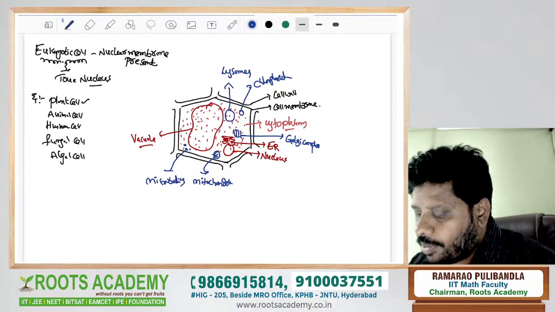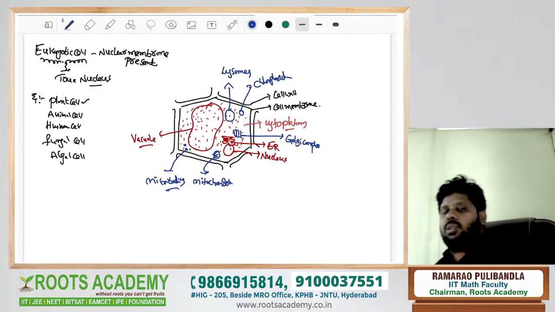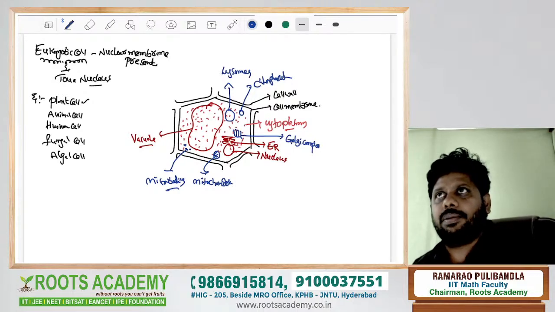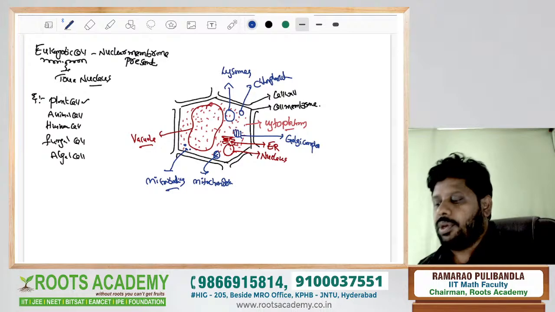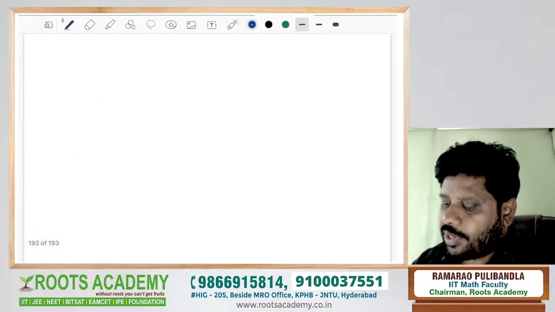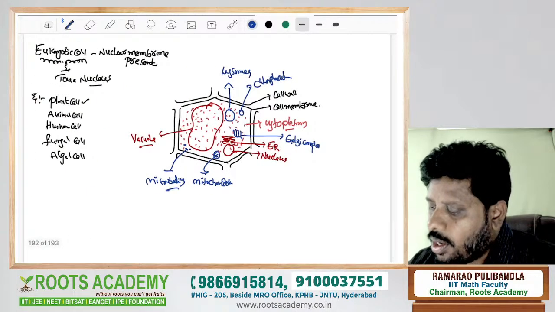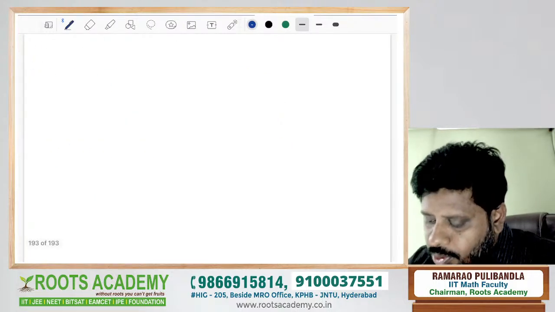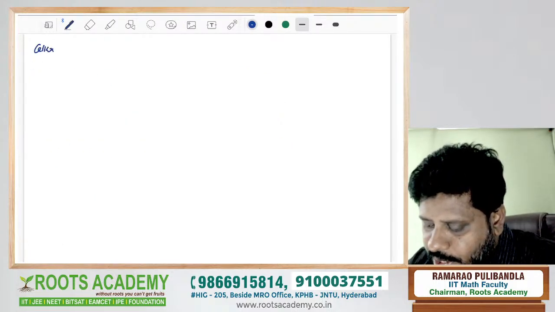We will study all these. So these are the cell organelles present in plant cell. Clear? So first starts with cell wall, the outer covering layer. So here first one is the cell wall.